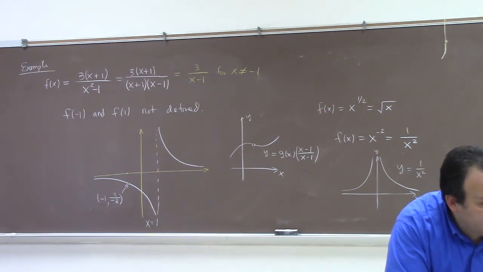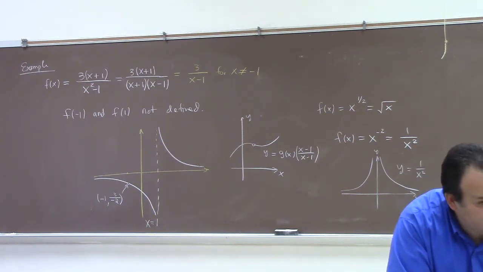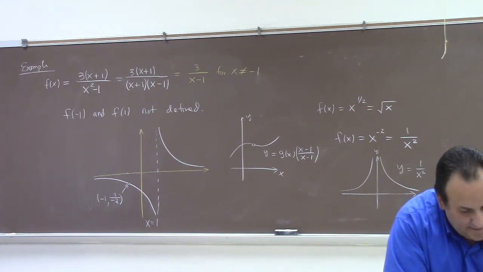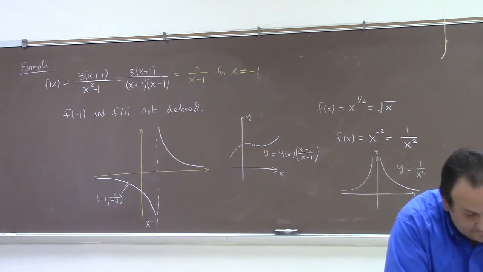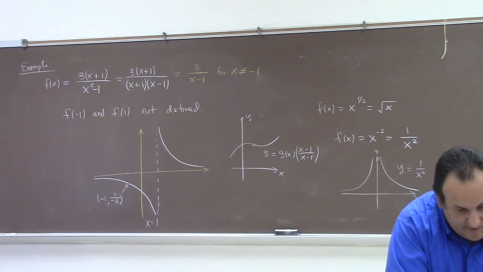Those are where everything interesting happens, right? Because the sign of a rational function can change from positive to negative at 3 things. It can change at a 0, it can change at a vertical asymptote, and it can also change at a hole, potentially. It doesn't have to, but it can.